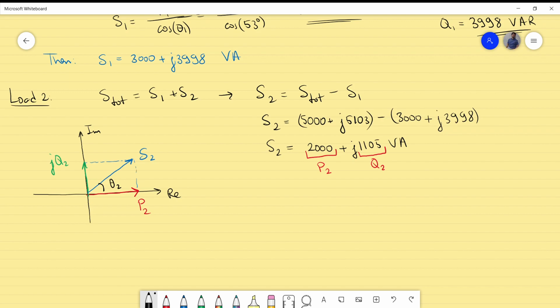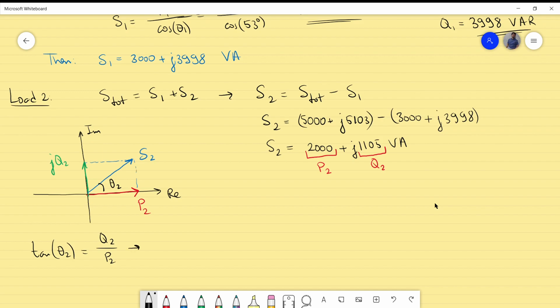So how can I calculate theta 2? If I know two of the three, P2, S2 or Q2, I can calculate it. I already know P2, and now I also know Q2, so the situation is clear. I can use tangent of theta 2, which is Q2 divided by P2.